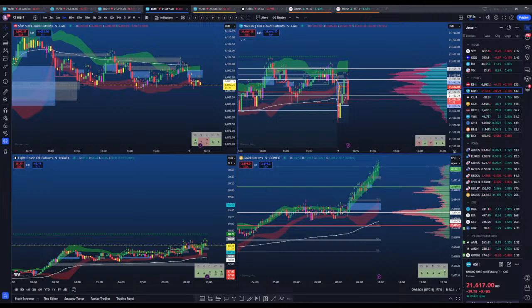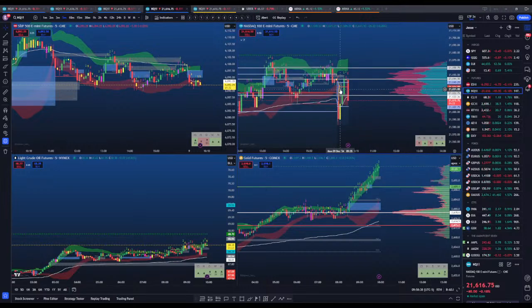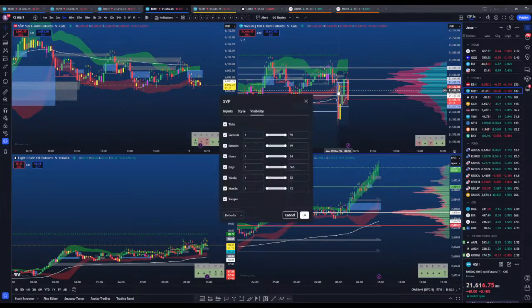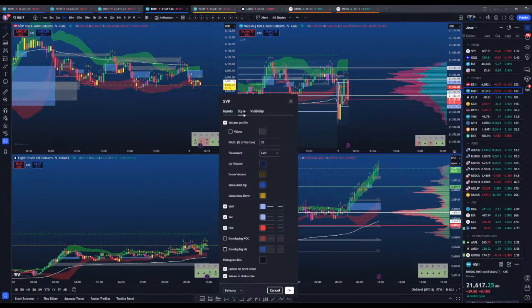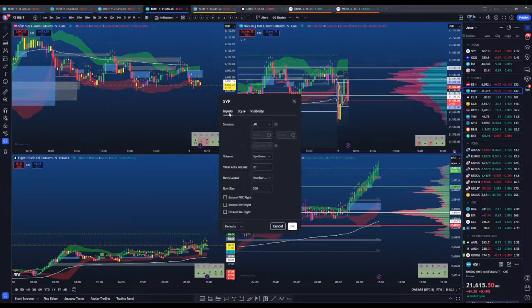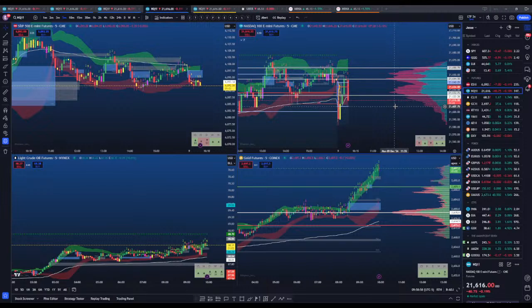I'm looking for an indicator that shows my current session volume profile, but on the right hand side. I think I could flip it to the right, but I want to see this volume profile.